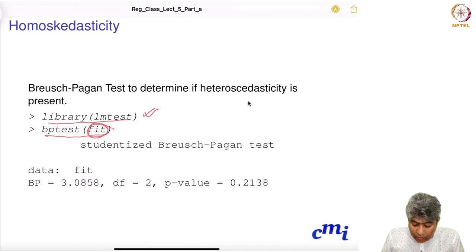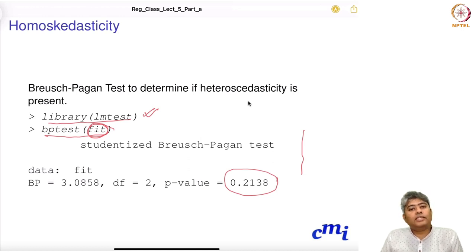What we found is that the p-value is 0.2138, which is large enough, and hence we failed to reject the null hypothesis. So we can safely say that, at least for this model, the Breusch-Pagan test fails to reject homoscedasticity. Hence, the assumption of homoscedasticity is reasonable for this particular data set or this particular model.